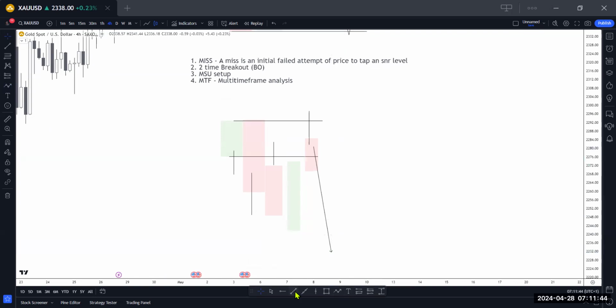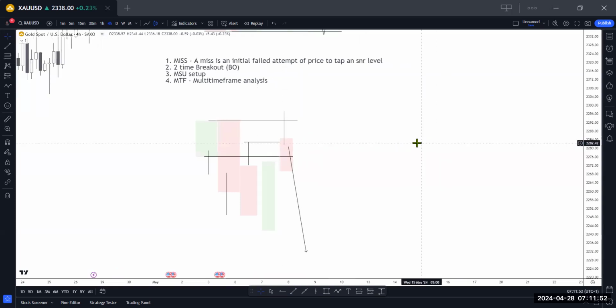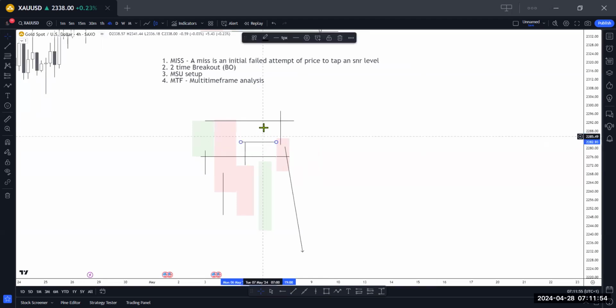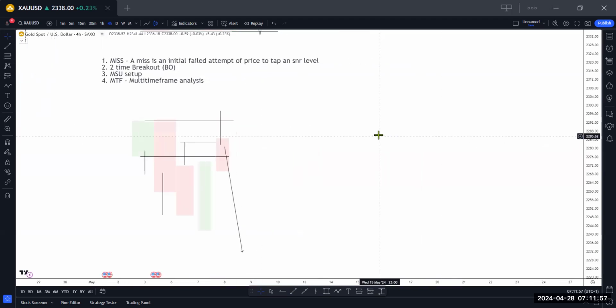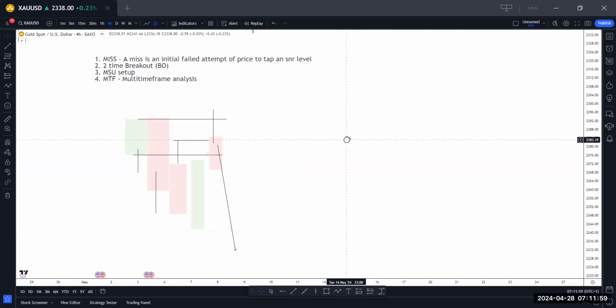So what is the miss here? This candle is the miss. This is the initial failed attempt to tap this SNR level. And this is how SNR traders see it.